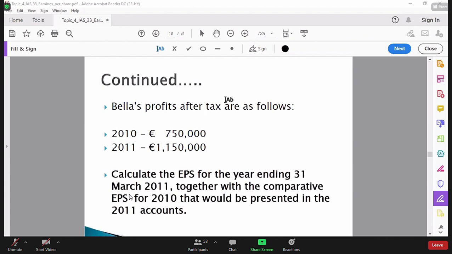It is 14.4 cents. Everyone got that? Yes, madam. So now it can be comparable. So the EPS last year is 9.4 cents, and this year it is 14.4 cents. Then when users look, they can see there is an increase due to the bonus issue. So the potential investor has the intention to invest in that company. Do you understand? Okay, good.